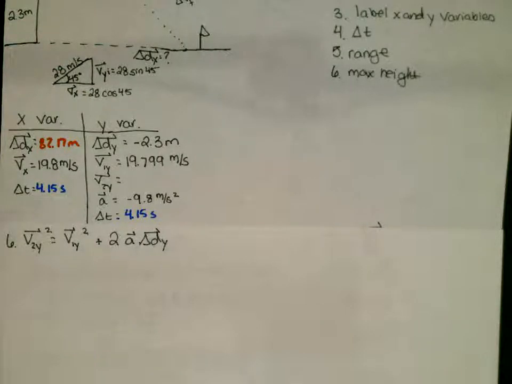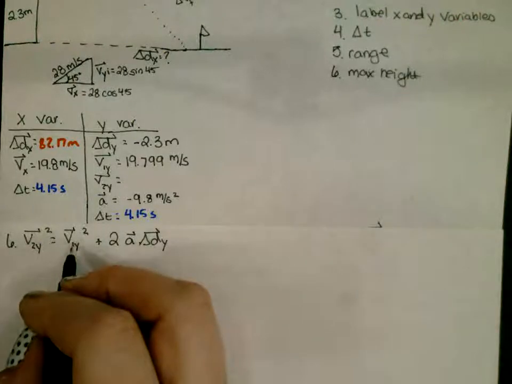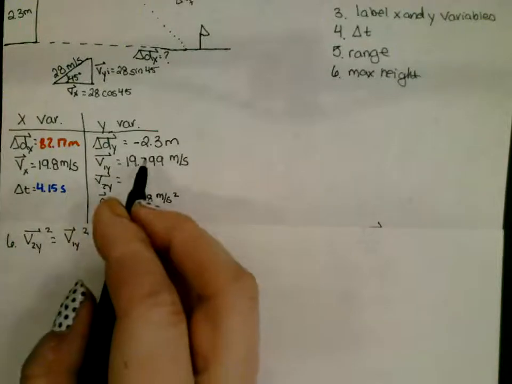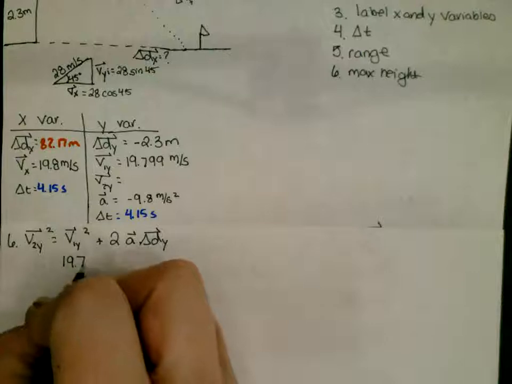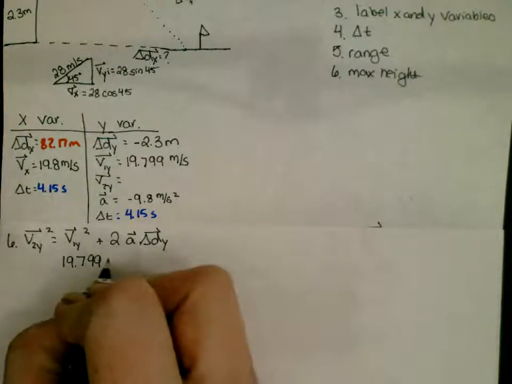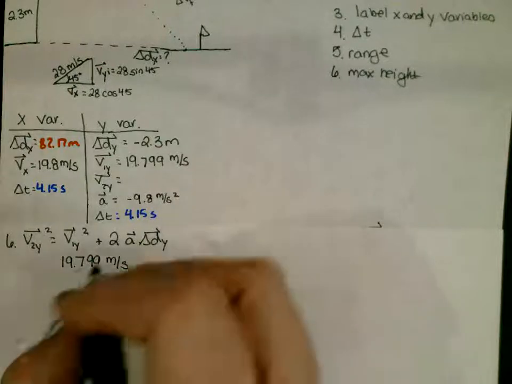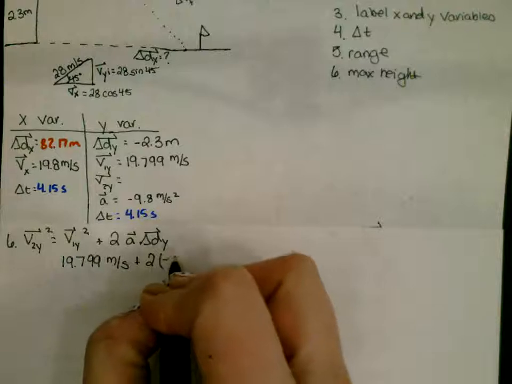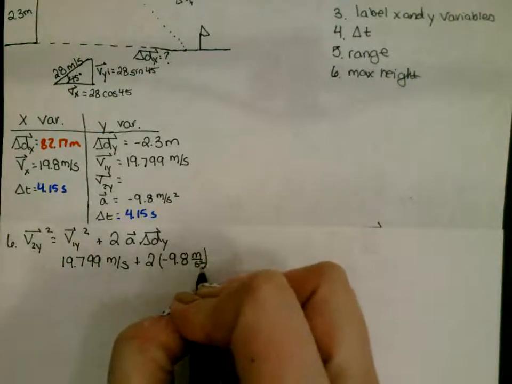All right, so we're going to plug in what we have. Our initial y velocity is 19.799 meters per second, plus 2 times negative 9.8 meters per second squared.